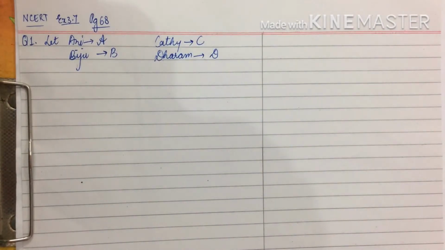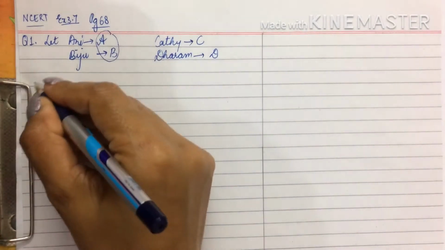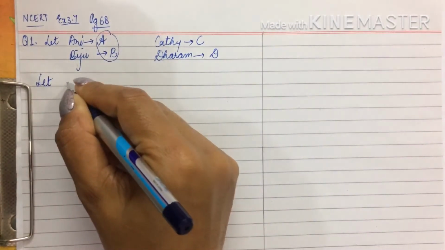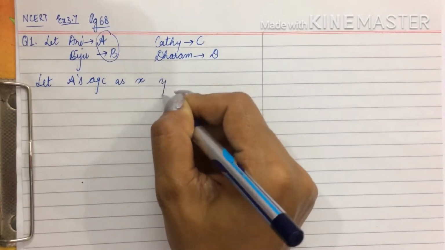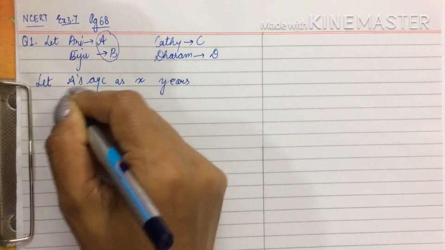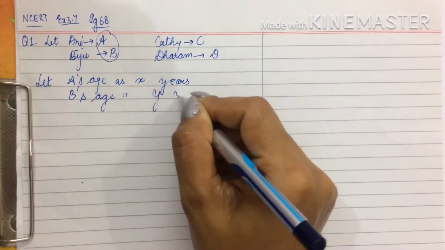I am just using the letters to avoid using their names. Since we need to find out the ages of Ani and Biju, we need to represent the ages of A and B by two variables. So let us assume A's age as x years and B's age as y years.